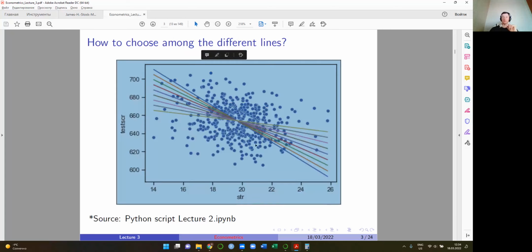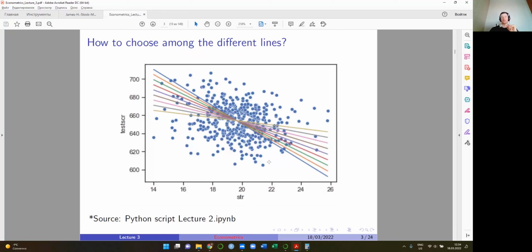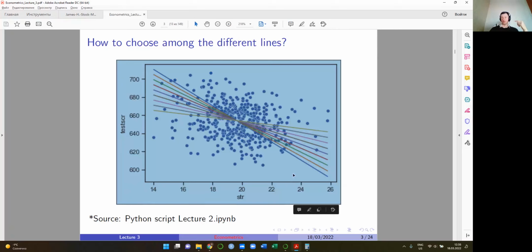But on the other hand, we can take, for example, this point here. The vertical coordinate of this point is, well, 600, let's say 55, something around. And now look, the vertical distance, the error, the mistake for this point from the yellow line is the smallest, and from the blue line is the largest, right?